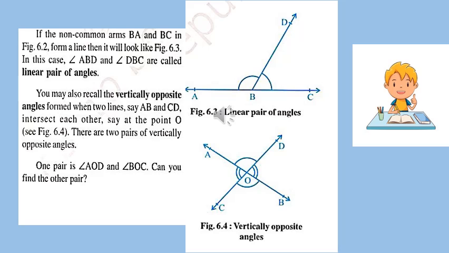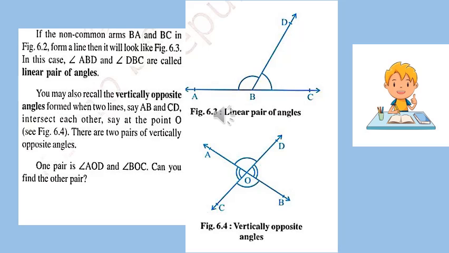If the non-common arms BA and BC form a line, then it looks like the figure given here, and these two angles, ABD and CBD, are called a linear pair of angles. Their sum is 180 degrees.